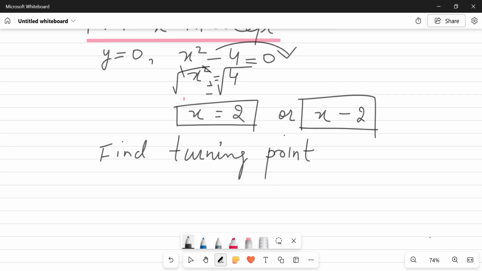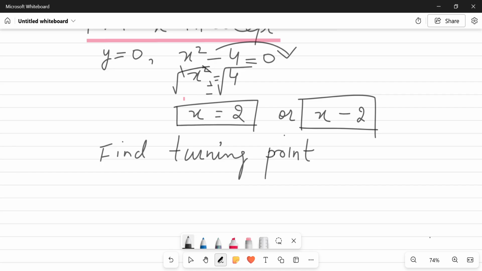With y is equal to (x minus p) squared plus q. So p is equal to 0 and q is equal to minus 4, right? Therefore the coordinates of the minimum point are 0, minus 4, okay, right?